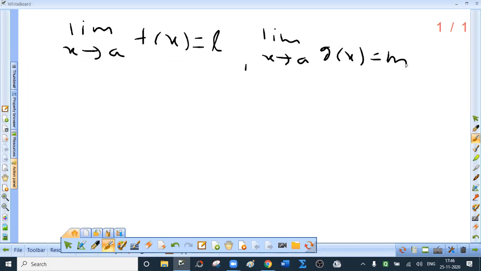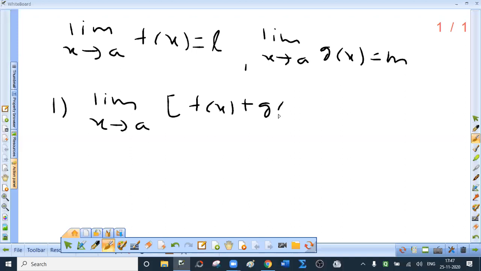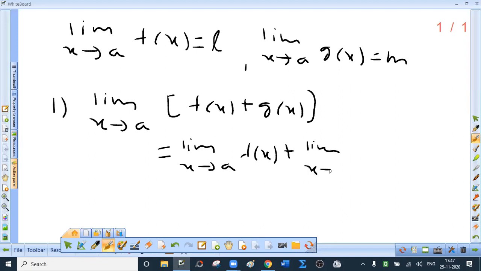Now the first and the simplest result or theorem, you can say, is that limit of sum is sum of limits. Means what? Limit x tends to a, f of x plus g of x is what? This is limit x tends to a f of x plus limit x tends to a g of x. You will say obviously, but this is actually a theorem.